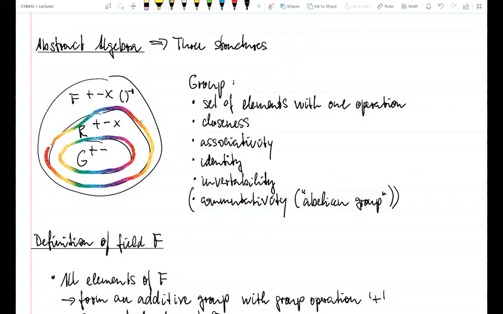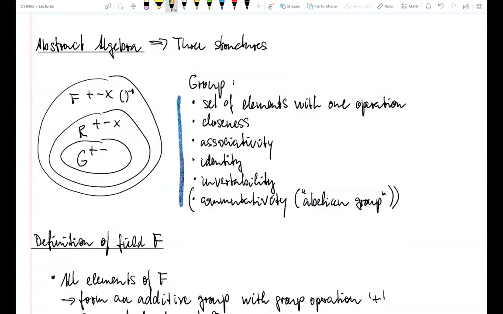These structures follow a hierarchy, as you can see. Groups allow only two operations, or basically one and the inverse operation, so plus and minus. Remember that a group is a set of elements with one operation.